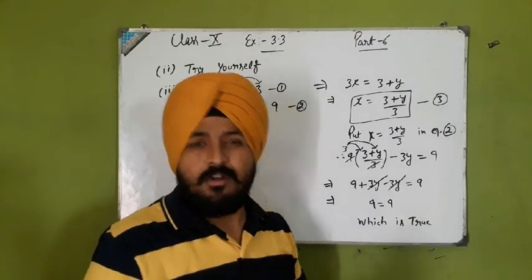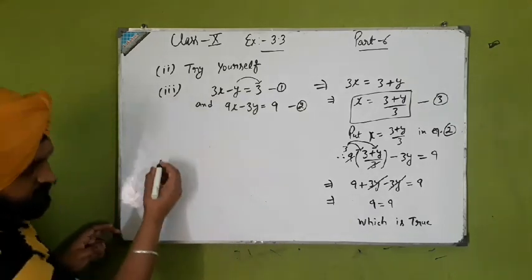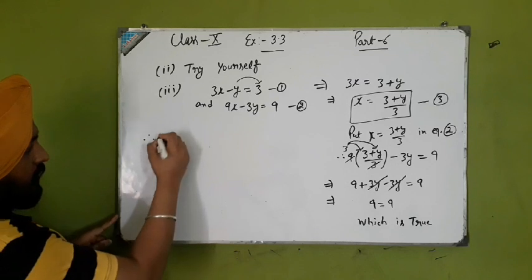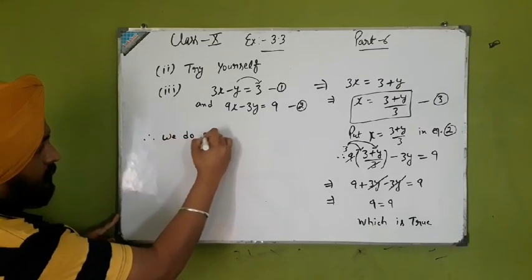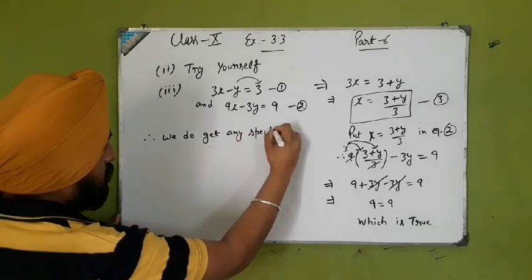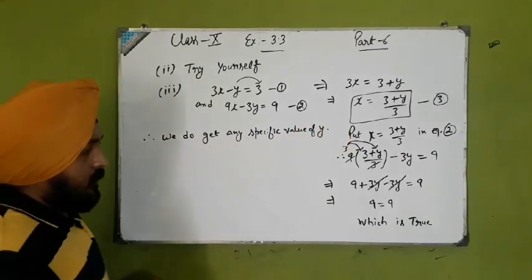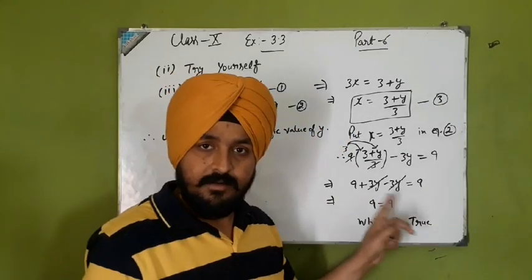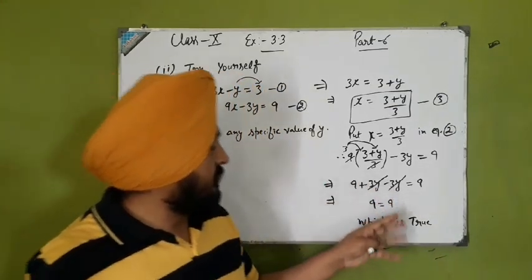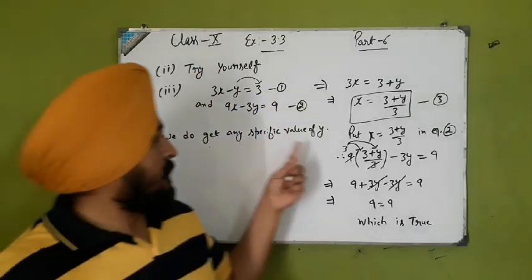There is not any specific value of y there, so we have to write: therefore, we do not get any specific value of y, because y is cancelled here with each other. 3y minus 3y is cancelled. If y is cancelled, there is no specific value of y there. We do not get any specific value of y.